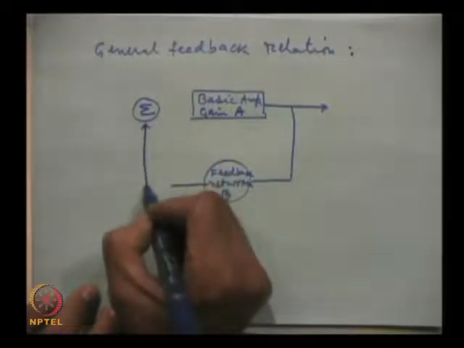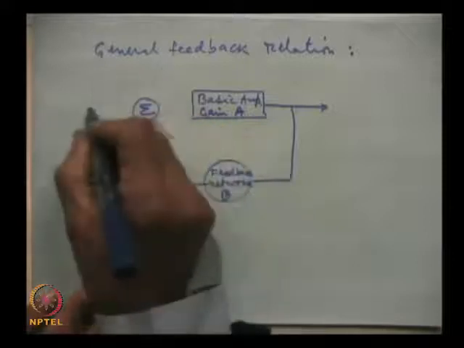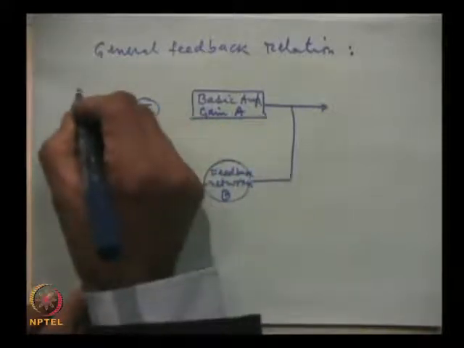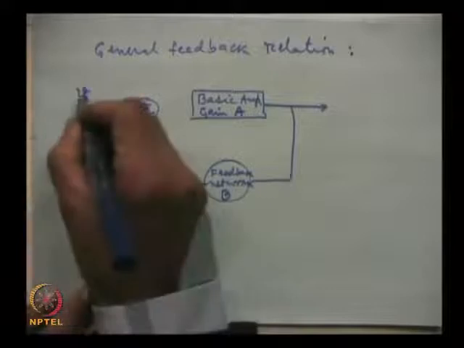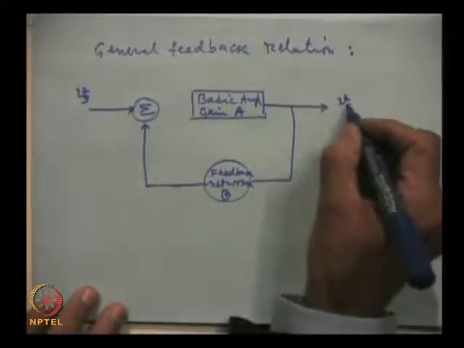We are considering voltages at the moment, so this is the applied input signal Vs, and here this output is V0.